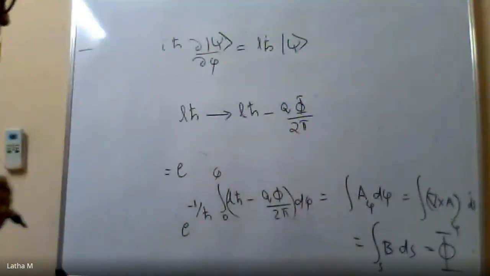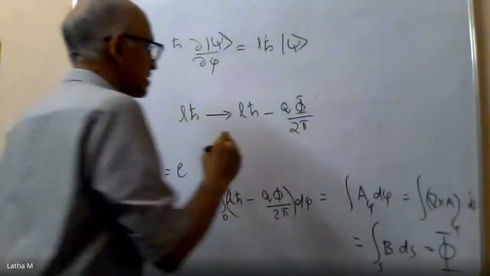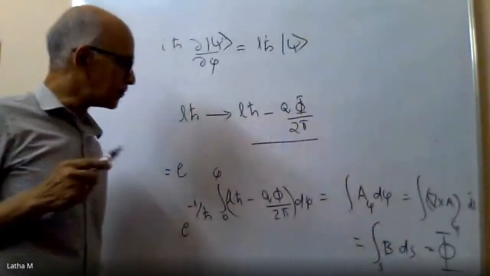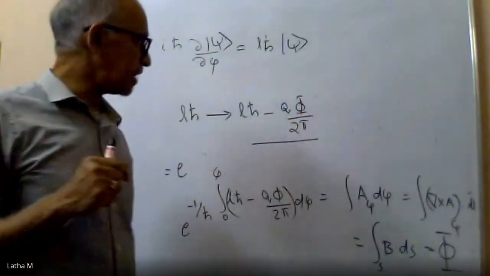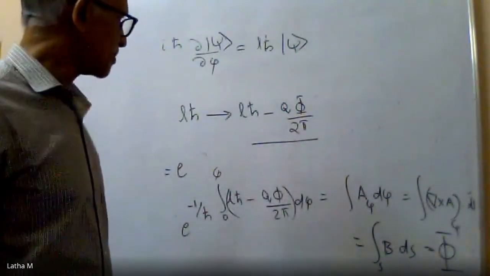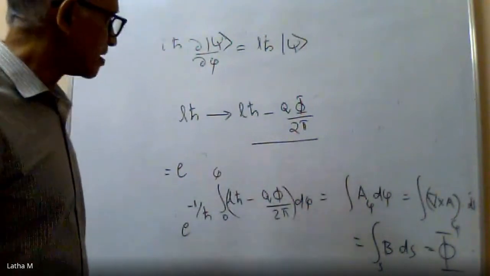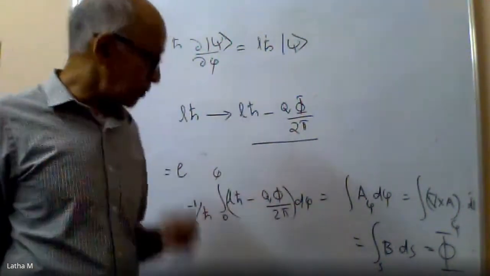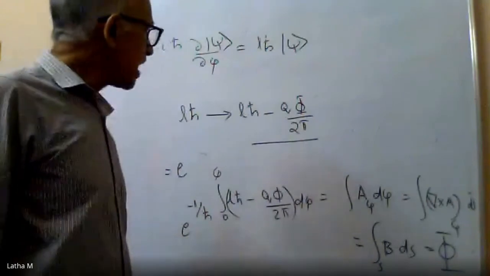That means depending on the value of phi, the particle can have any angular momentum, and these types of particles are called anyons.